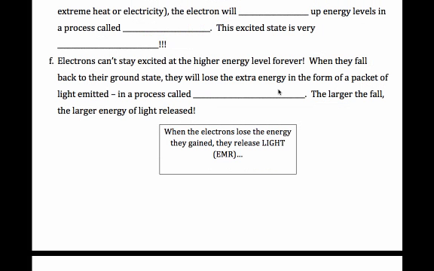Now, we call these energy levels quantized. All right, so energy levels have only discrete levels. Here's a staircase. A staircase has discrete steps. You can go up one stair, you can go up two stairs, but you can't land halfway in between.